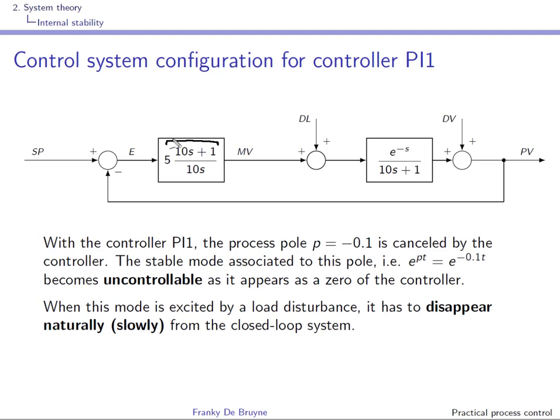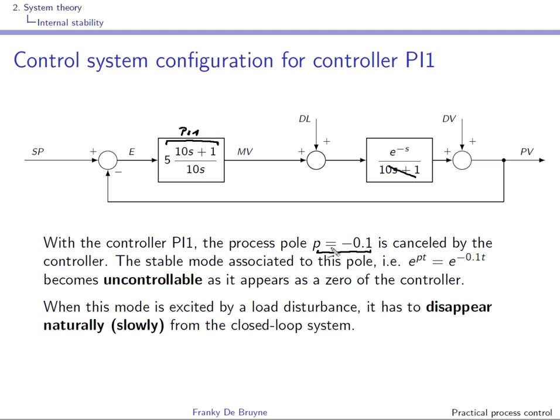Remember that this is the controller that we had found in the previous slide, right? PI1, and you can clearly see here that the pole that is stable over here is cancelled by the 0 of the controller. So here there's nothing that goes against internal stability because the cancelled pole is stable.